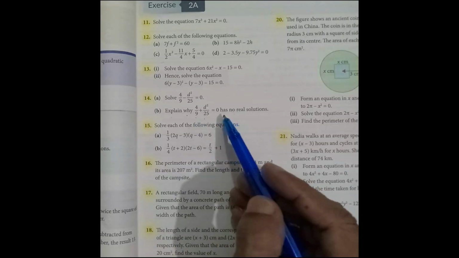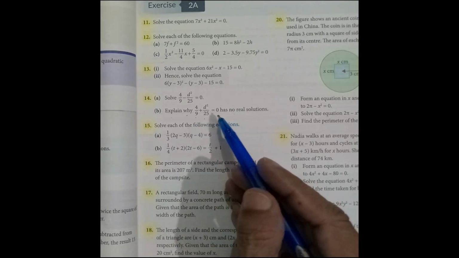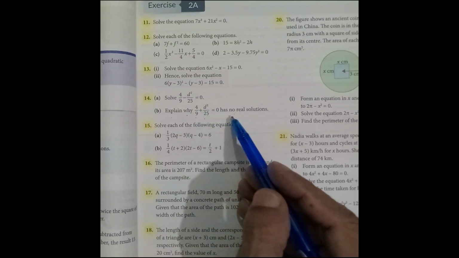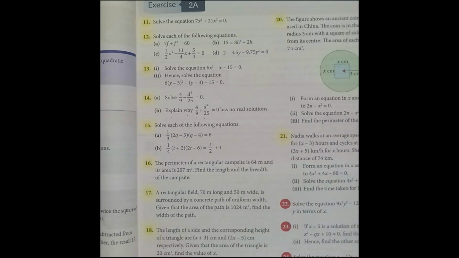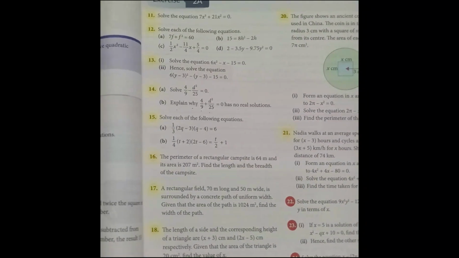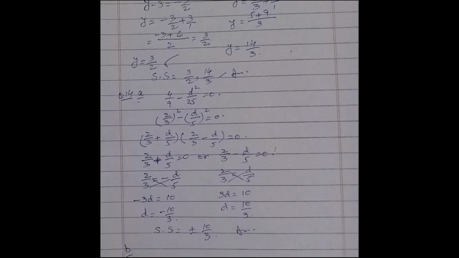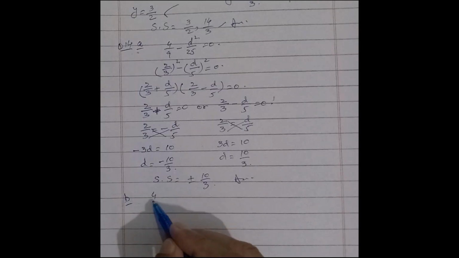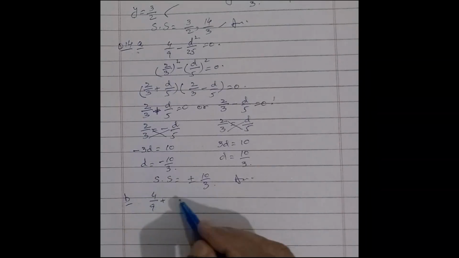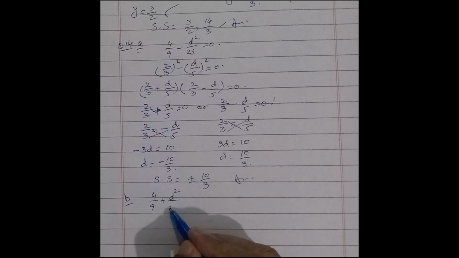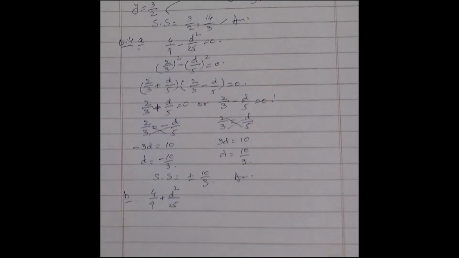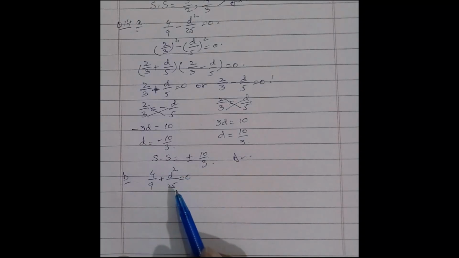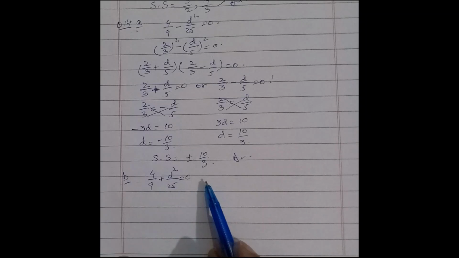Now we try to solve it and prove that the solution of 4 over 9 plus d square over 25 is not a real solution or real value. The values are 4 over 9 plus d square over 25 is equal to 0, and we shift d square over 25 to the right side.